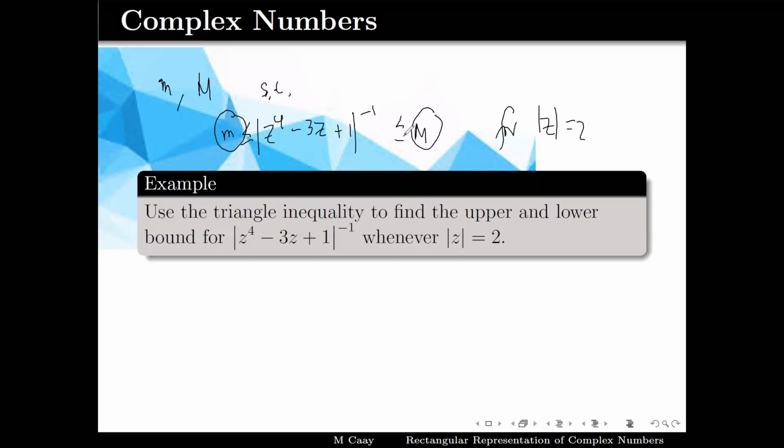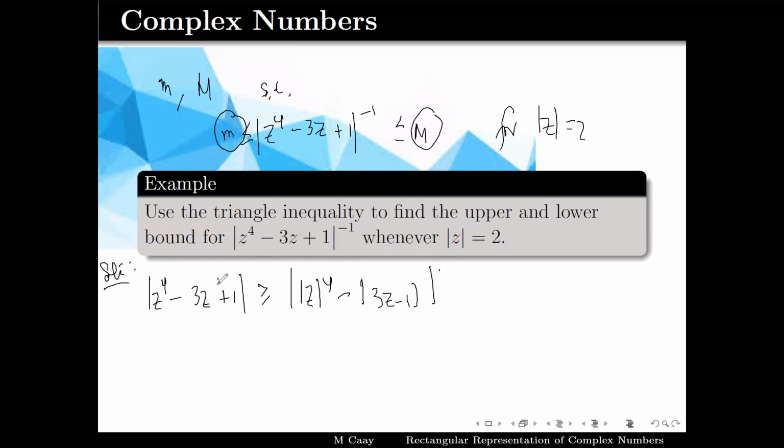So let's do the solution here. Observe that the modulus of z to the 4 minus 3z plus 1 should always be greater than or equal to the modulus of z to the 4 minus the modulus of 3z minus 1.